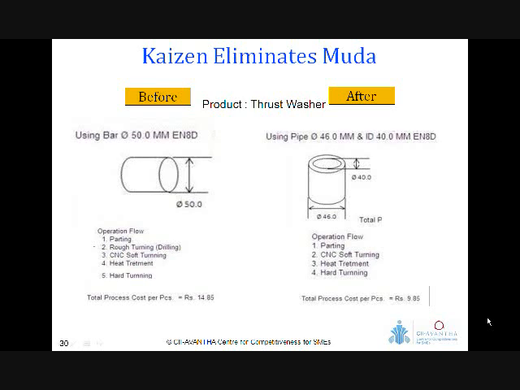Now they have taken raw material of a different size, and thus operations have reduced. Because operations have reduced, material weight has reduced, so scrap has also come down and the piece price has also come down.